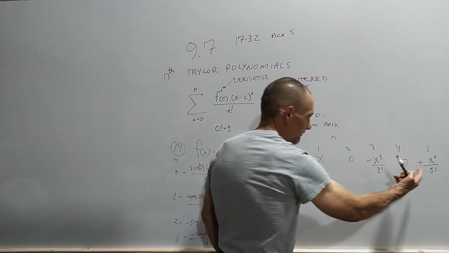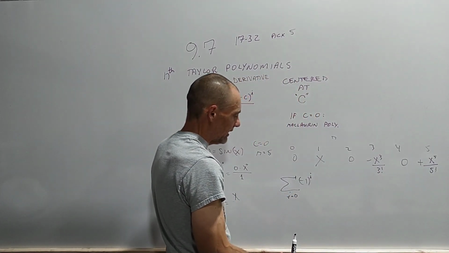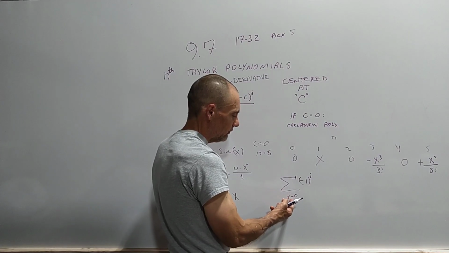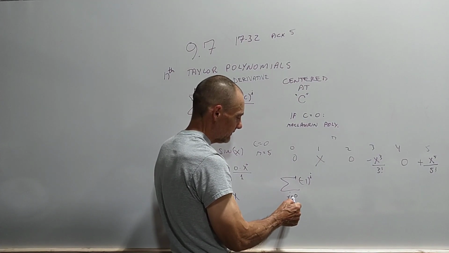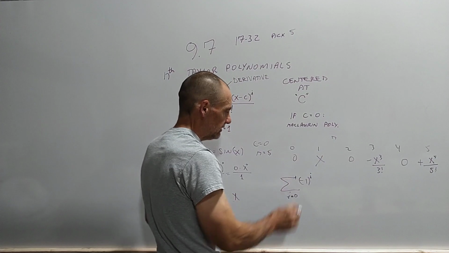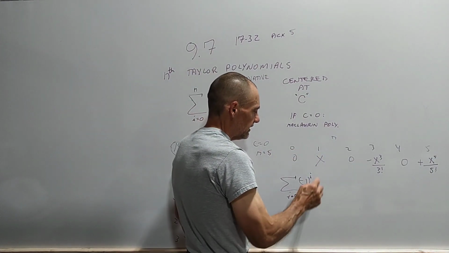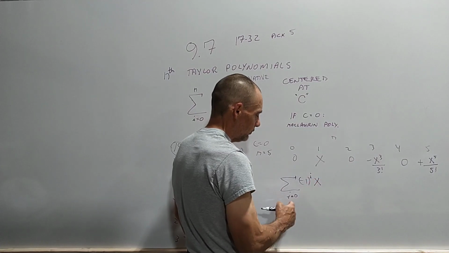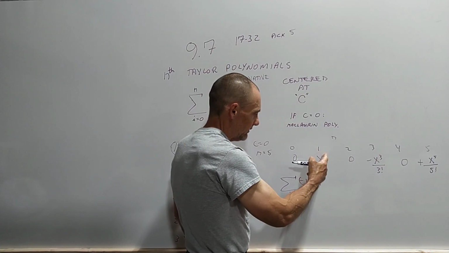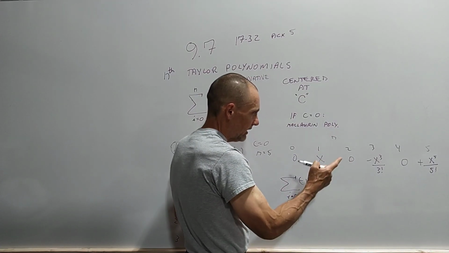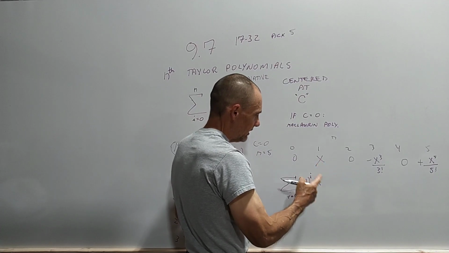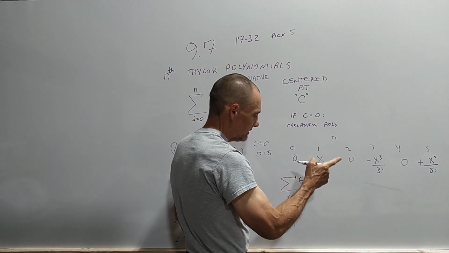Our third term would be positive, because the third one would be 2, since we're starting at 0. This will give us the signs over there, okay? Then here we just have x to the what? Here it's to the 1, and then it's to the 3, and that's the second term.